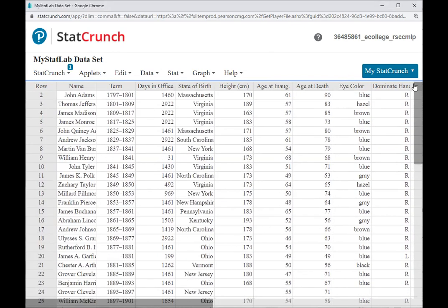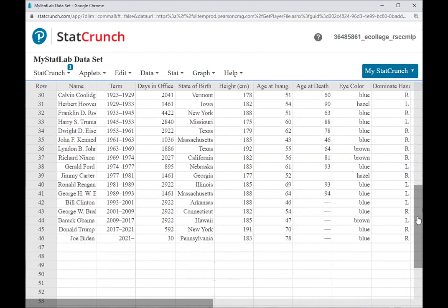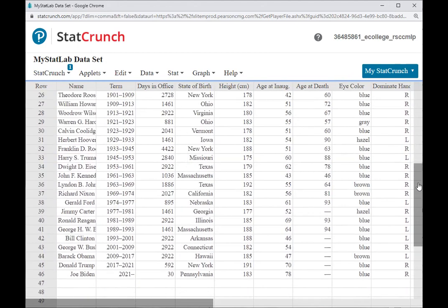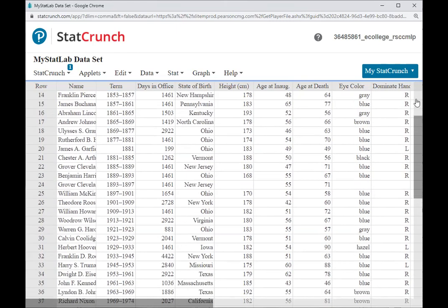And we have lots of different things: their term in office, days in office, state of birth, height in centimeters, age at inauguration, age at death for those that applies to. So we have some dashes down here for presidents who are still alive. Eye color and dominant hand, whether they're right-handed or left-handed.